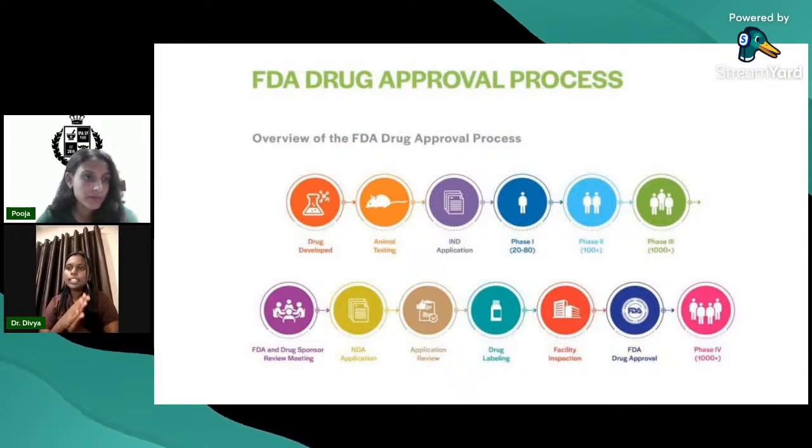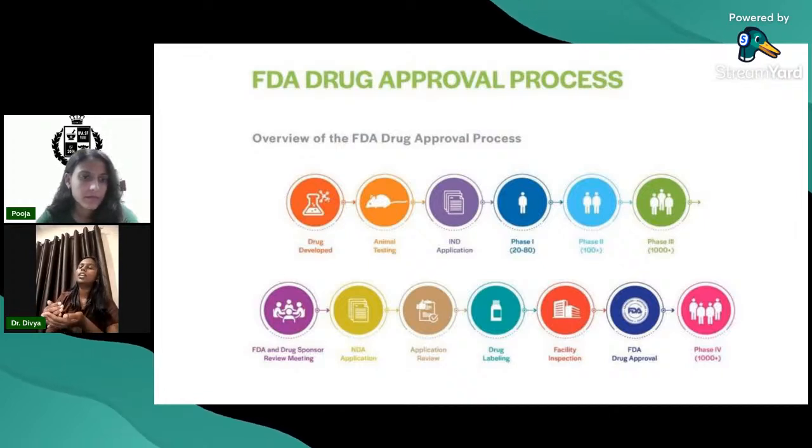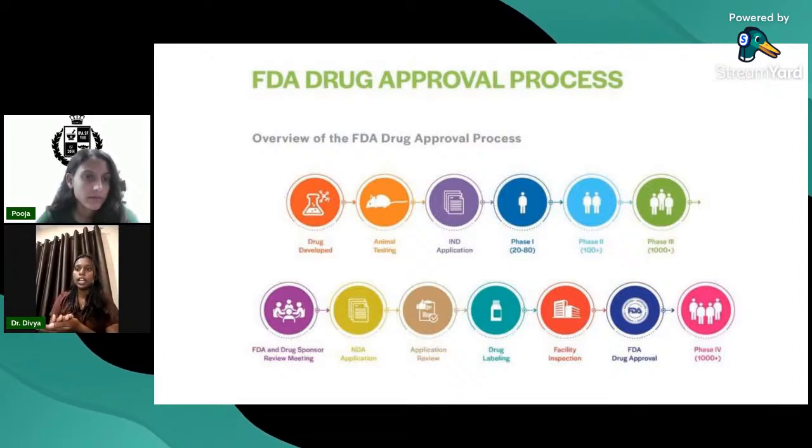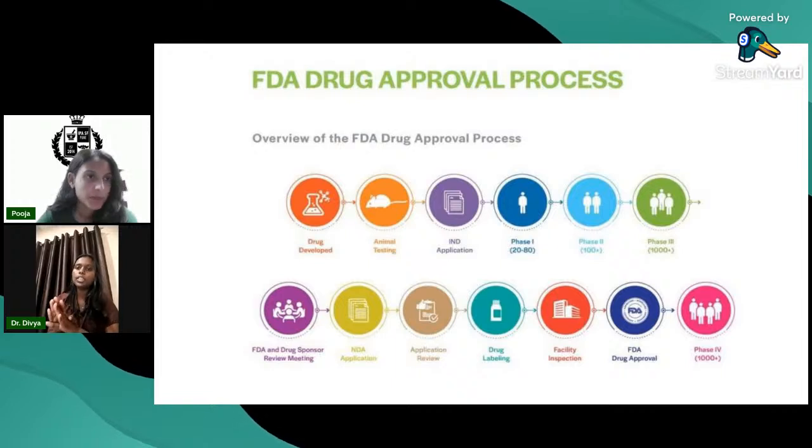Then there is the IND application, investigational new drug application, which is filed by a sponsor, an investigator, or any research organization who are planning to conduct a clinical trial. Along with this IND application, there is a CTRI registration, that is Clinical Trial Registry of India. Whichever trials are happening in India, there should be a registration prior to starting them.